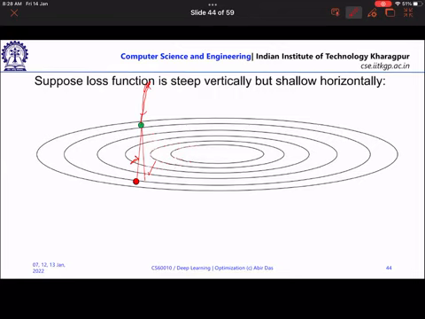If you take some sort of a resultant of this, it will be somewhere like this. Why? Because of course the force of the gradient is more in this direction than in this direction, since at least some loss has been decreased going from red to green. So it is at least not going very jittery in this direction.